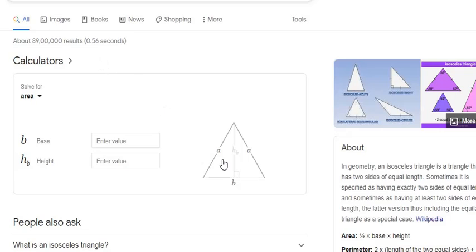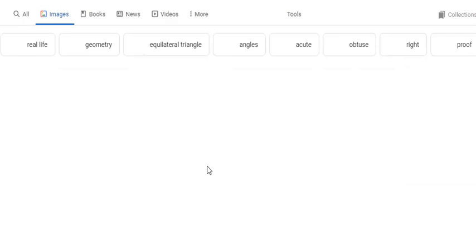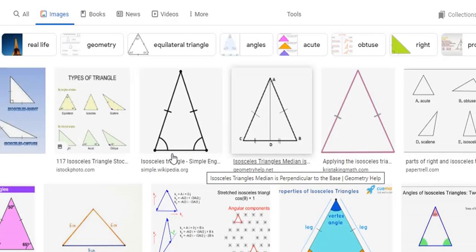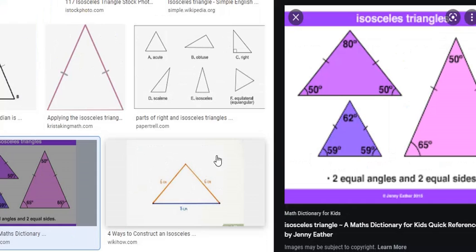So this is your isosceles triangle. Let me go to the images. Yes, as you can see it out here. Let me just open this image. As I already said, these angles will be equal to each other.